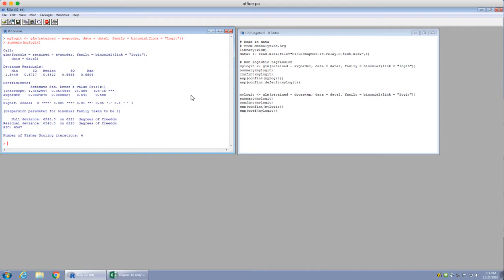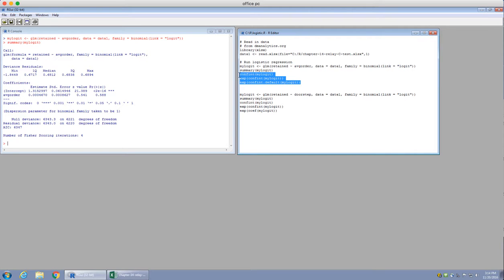But the thing about the summary is that it doesn't give much in terms of the odds ratio and the confidence interval. So we would actually have to convert this using the exponent function, just to get the confidence interval and see whether this was a significant value or not.